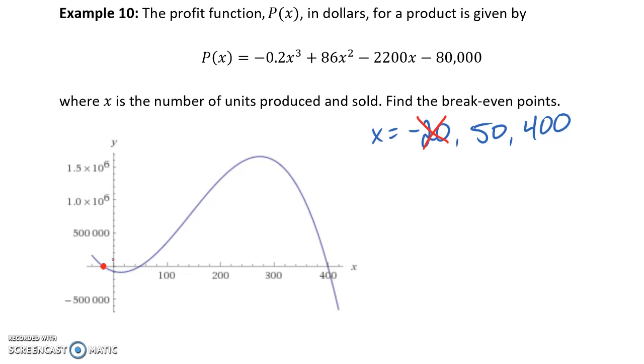We would only want to consider solutions at a value of x equals 0 or something larger. Anything less than 0 we would just throw out. So in this situation, our company would have break-even points at production levels of 50 and 400, meaning if they're somewhere in between those two production levels, then they would be generating a profit.